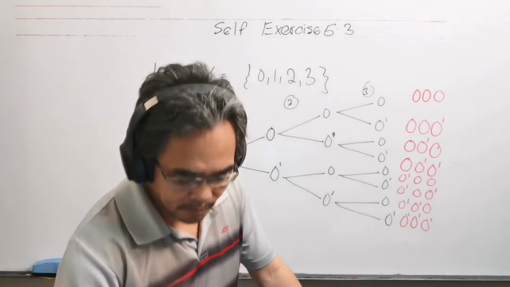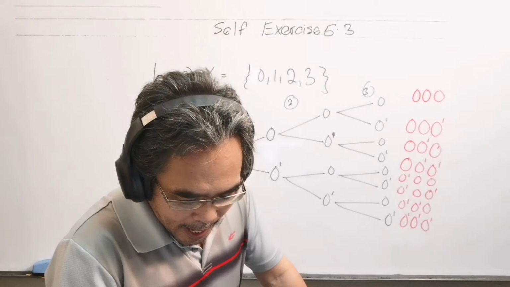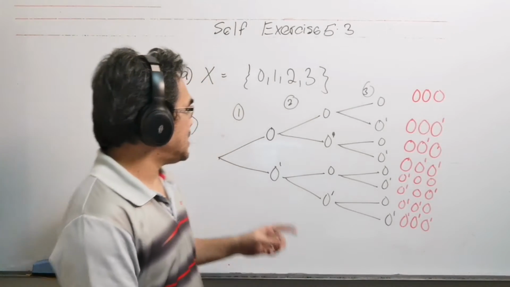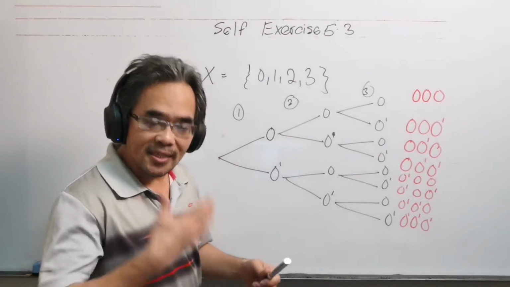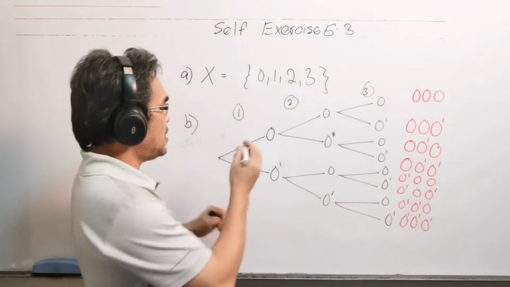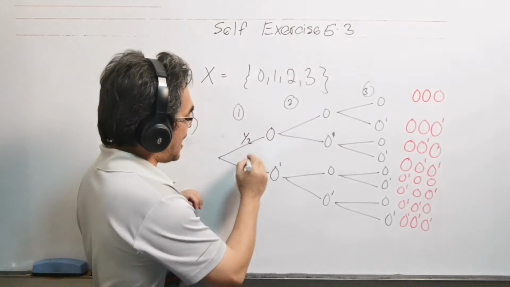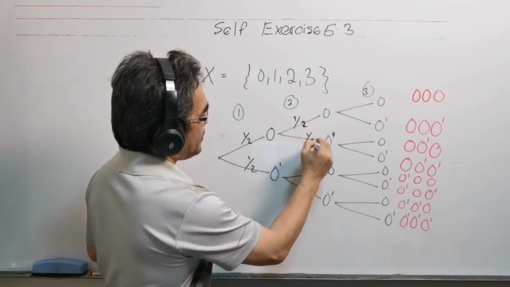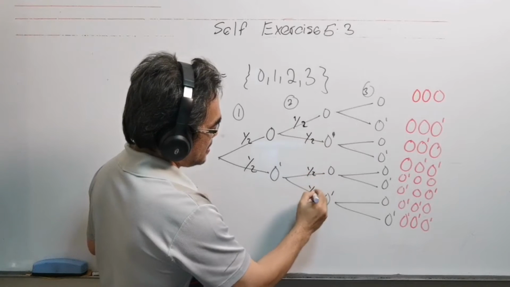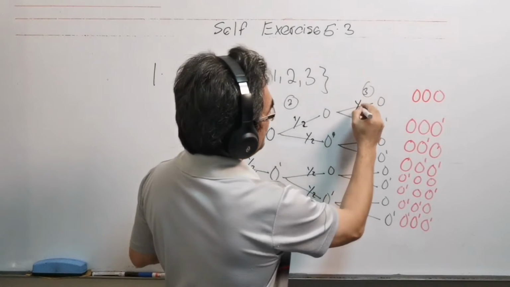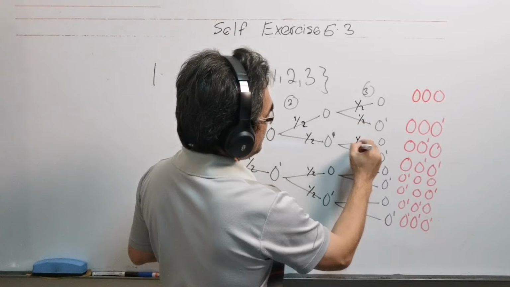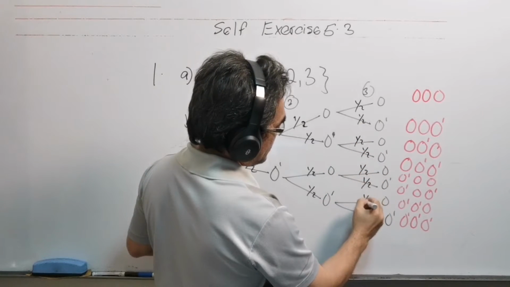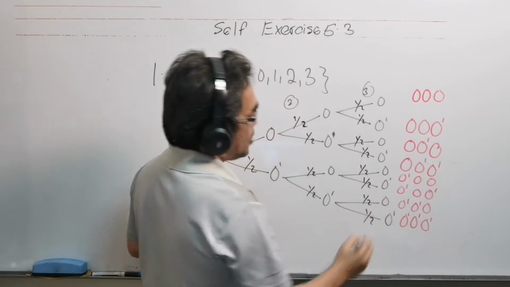Okay? And find the probability for each of them because the switch is either turned on or turned off. So the probability will be half here and half here. Half here and half here. Okay.